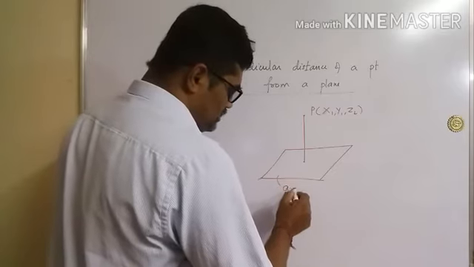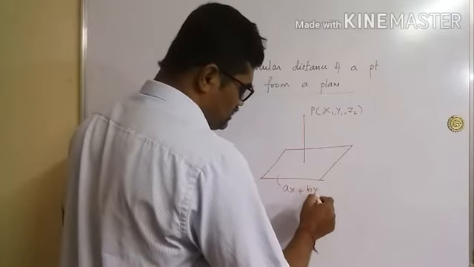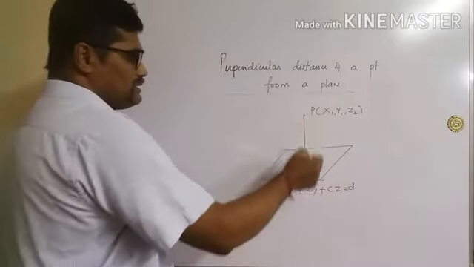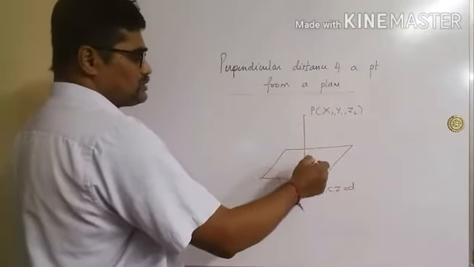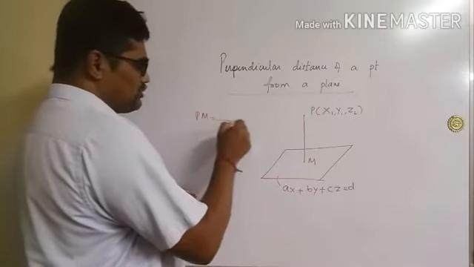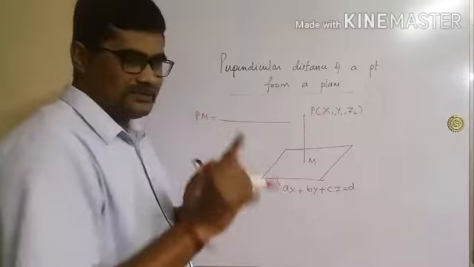And the equation of the plane is, suppose, ax plus by plus cz equals d. This perpendicular distance, suppose I name it PM. So what will the expression for PM be? It is very simple, try to remember it.